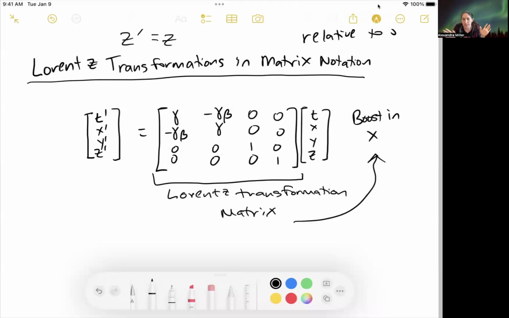You can do all of those things, and they're just going to be different matrices that we use. And so we end up with a set of allowed matrices, which are going to be our allowed transformations in special relativity. Okay, so those are the Lorentz transformations, and in particular, those are the ones in matrix notation.